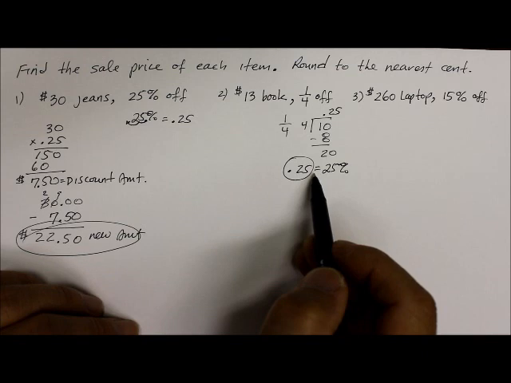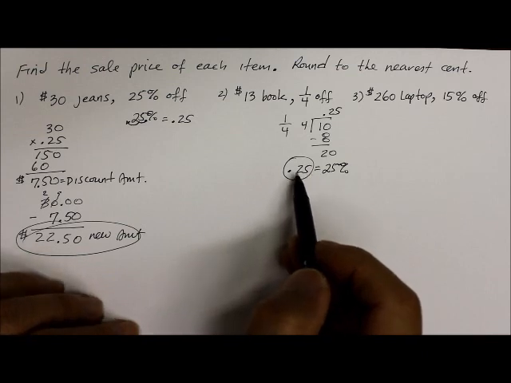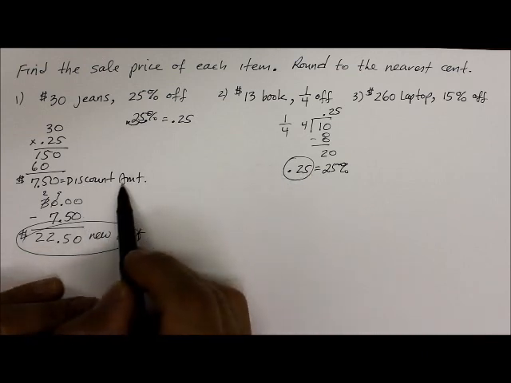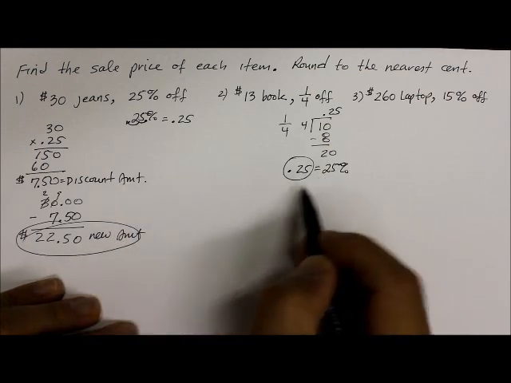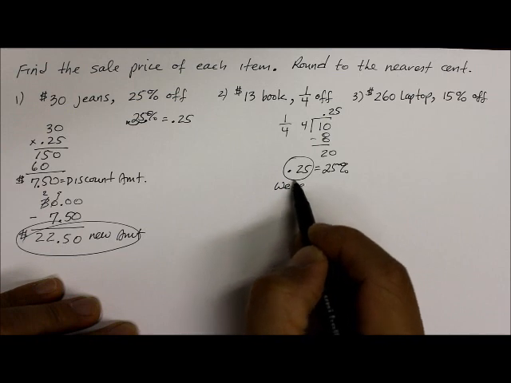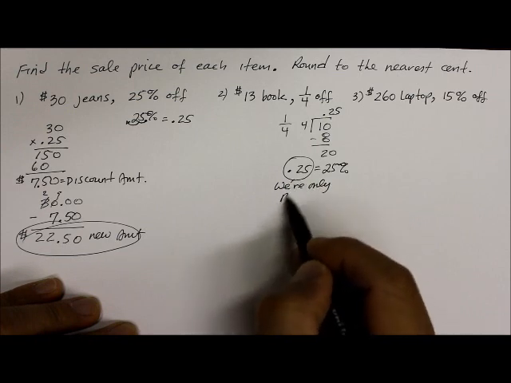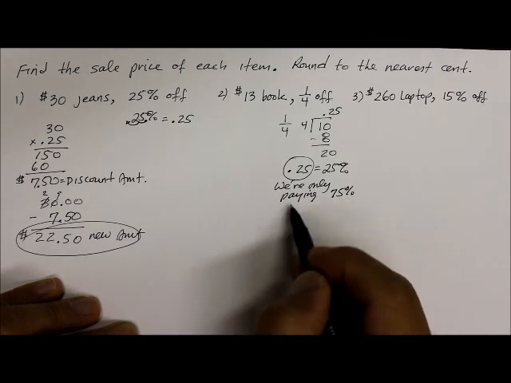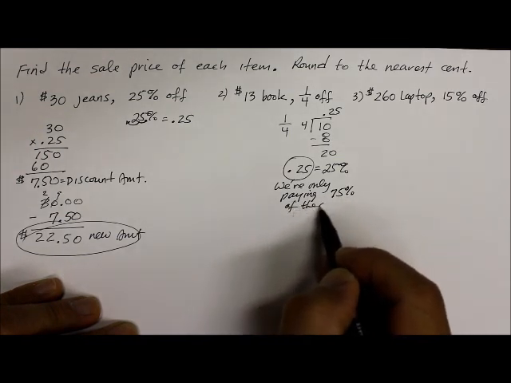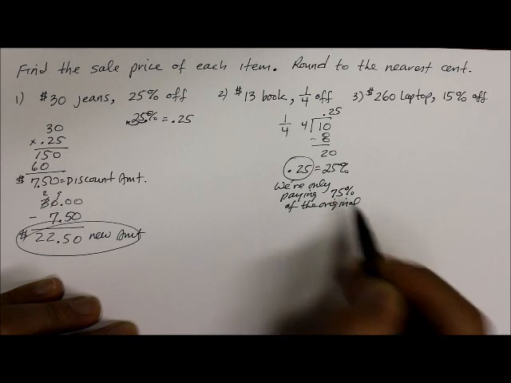Now here's the tricky part. What if I do it without finding the discount amount? Since we're taking 25% off, that means we are only paying 75% of the original. Isn't it?